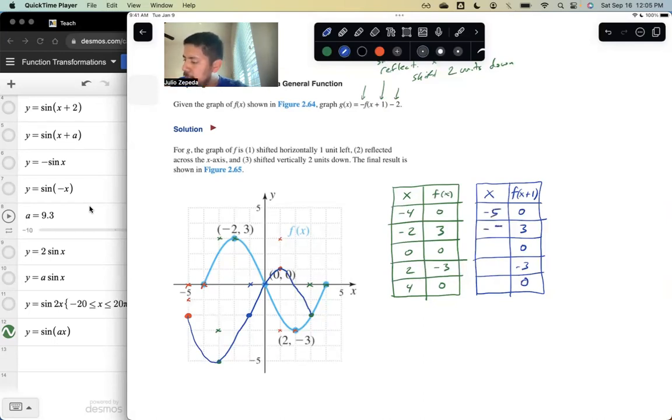-5, -3, -1, 1, and 3. And notice I'm going to mark them in blue. I'll put dots here in blue. I've actually already put x's in their places. Notice right here, (-5, 0), (-3, 3), (-1, 0), (1, -3), and (3, 0).